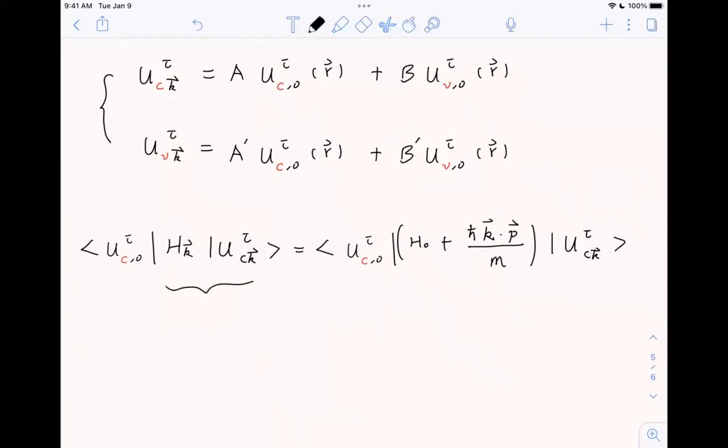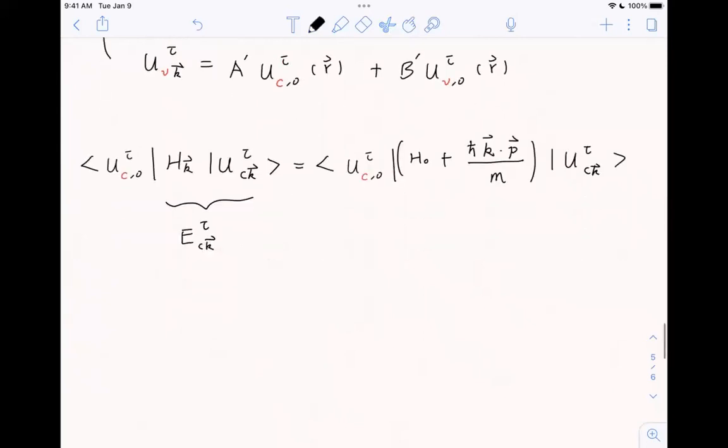So what is this? This is just E_c(k) tau. Okay, because this is the Hamiltonian, the actual Hamiltonian. So this is the actual Hamiltonian. So what about this one?